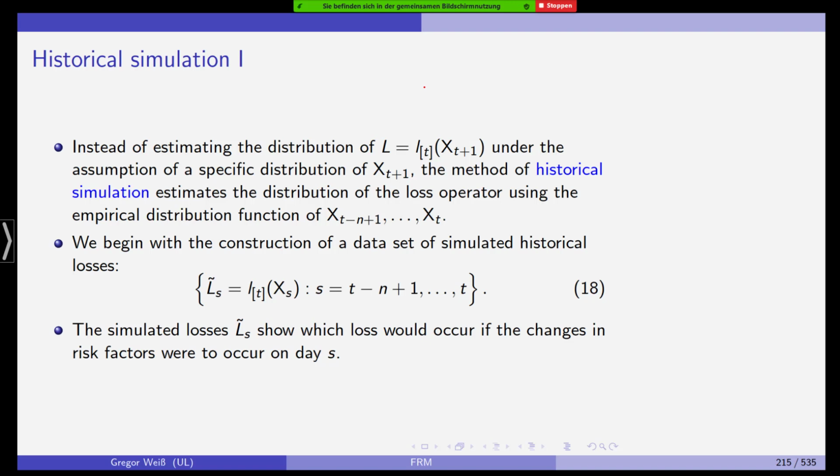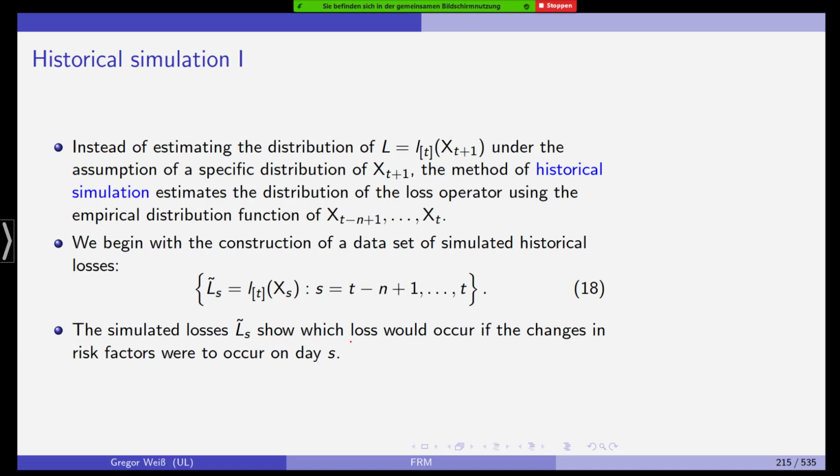The second standard procedure is historical simulation. So instead of estimating the distribution under the assumption of a specific distribution, we can simply use historical data and use the empirical distribution function. So we begin by constructing a data set of simulated historical losses. Those simulated losses show which loss would occur if the changes in risk factors from historical data were to occur on day s.